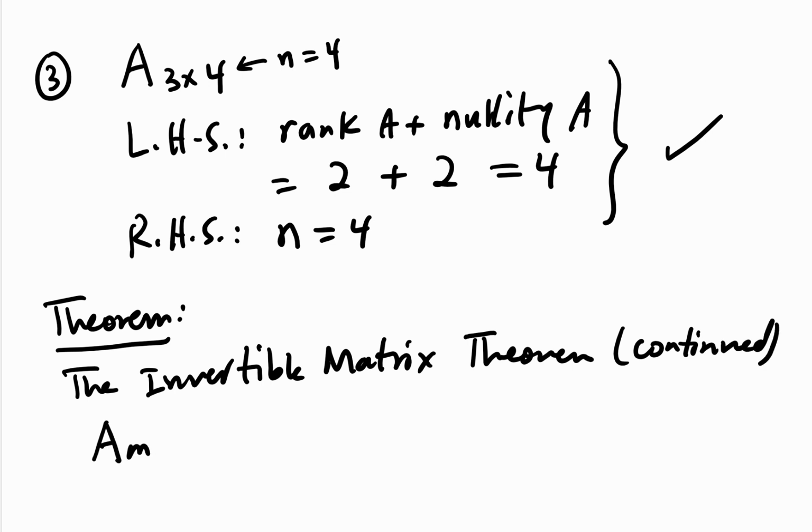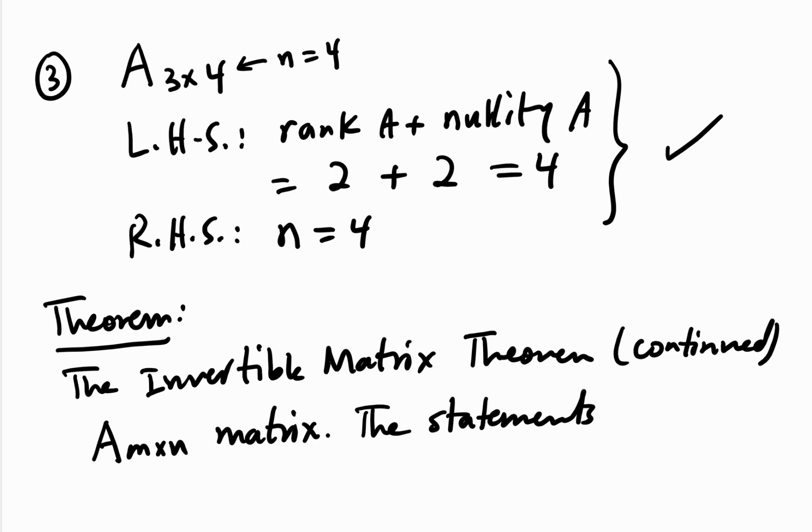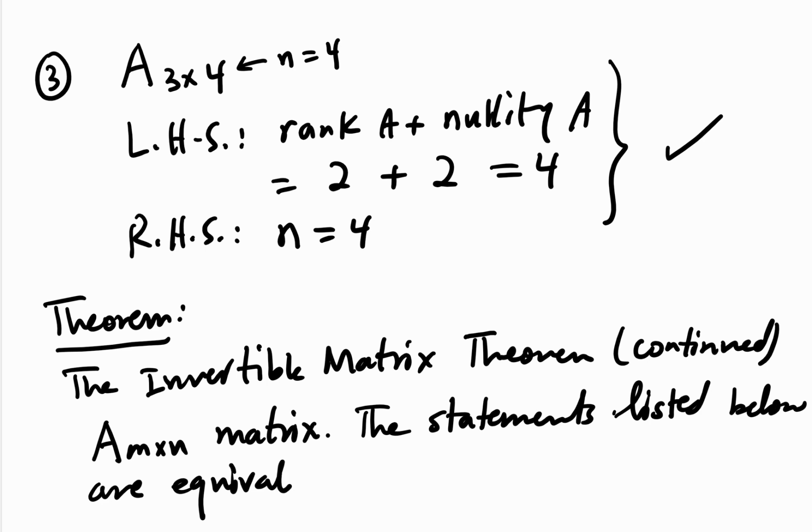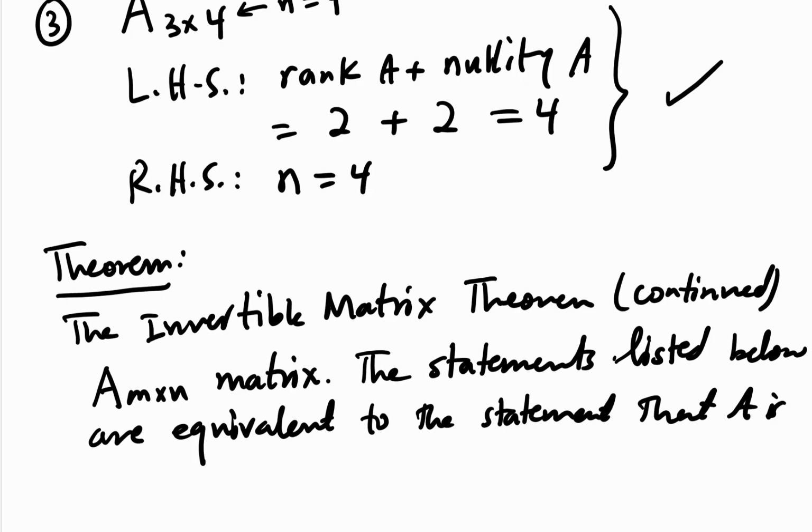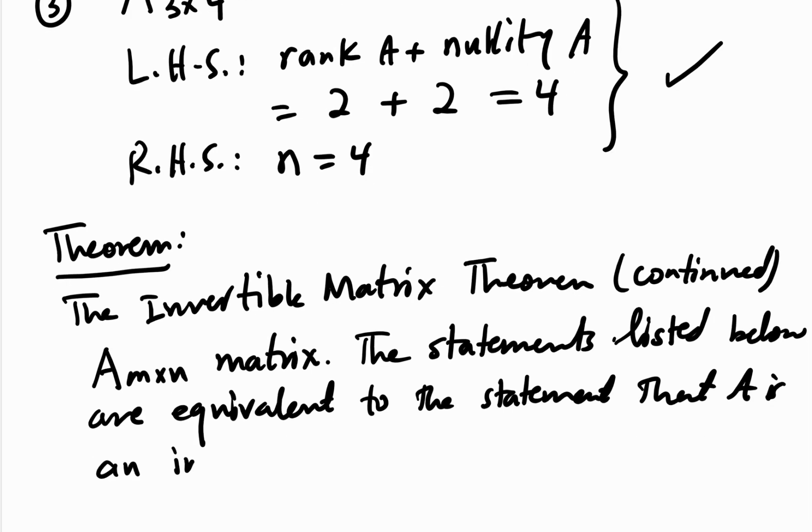So say you have an m by n matrix, the statements listed below are equivalent to the statement that A is an invertible matrix.